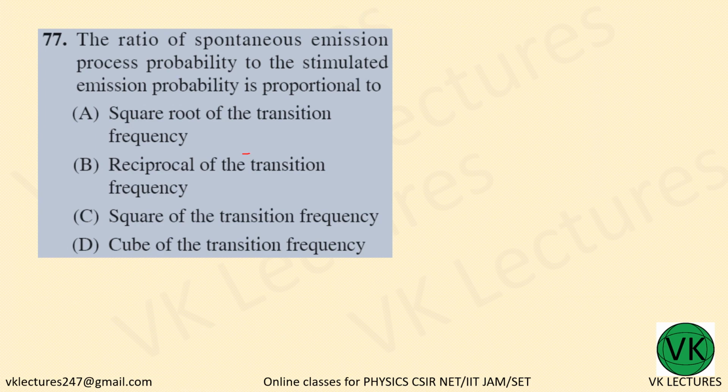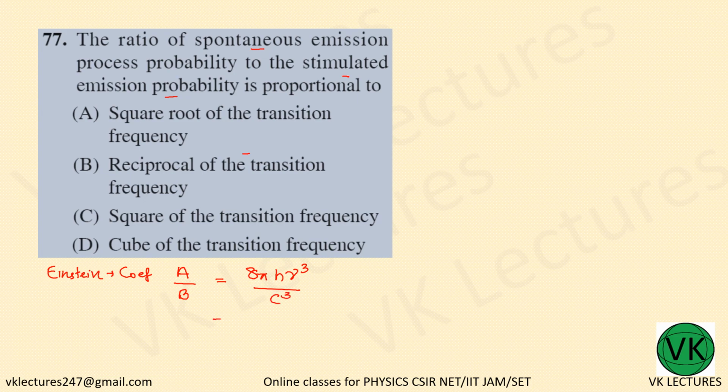The ratio of the spontaneous emission process probability to the stimulated emission process probability. These are Einstein's coefficients. The spontaneous emission process probability is A, and the stimulated emission process probability is B, and the ratio A by B is equal to 8 pi h nu cube divided by c cube.